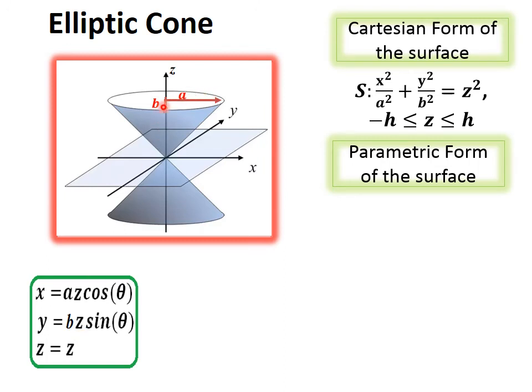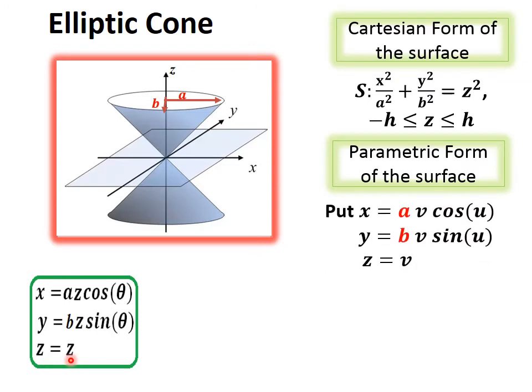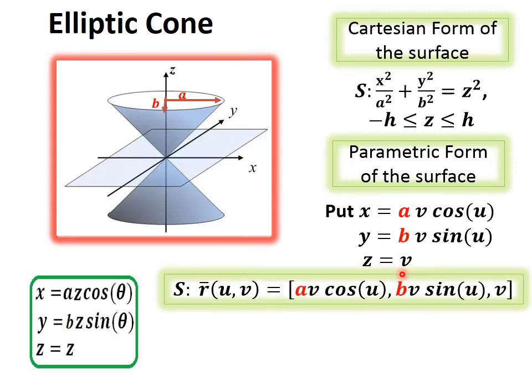So a units and b units. So x is a times z cos theta, y is b times z sin theta, z equal to z. So angle parameter theta is u, height parameter z is v. x is av cos u, y is bv sin u, z is v.